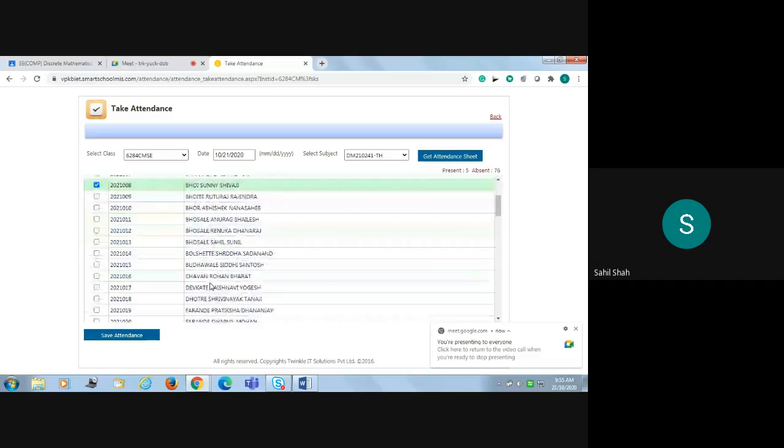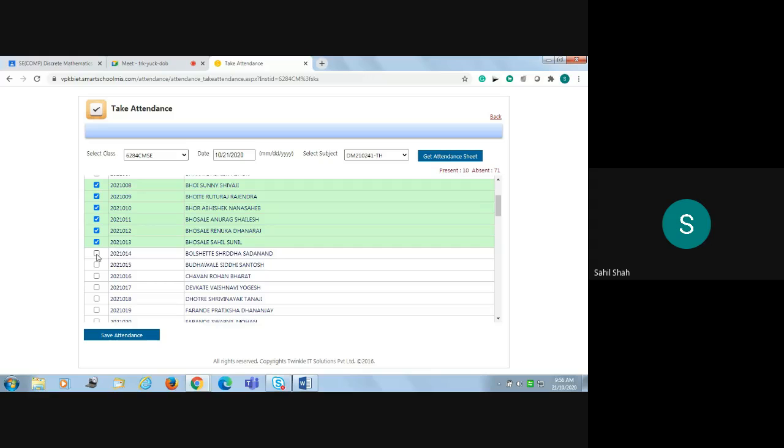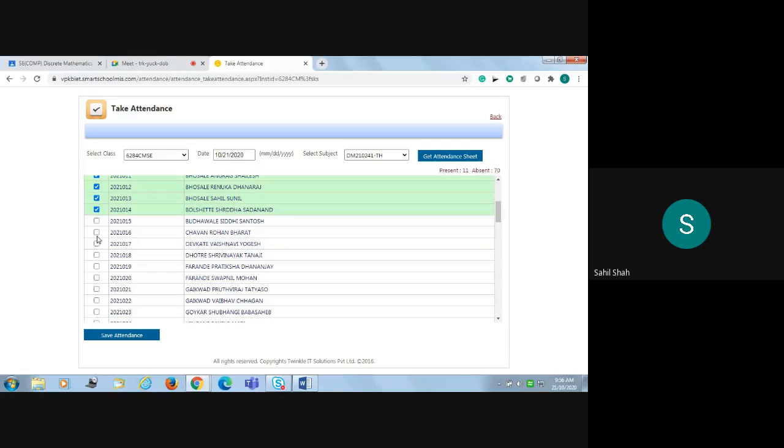Fine. We were at the point of taking attendance. So, Boite Ruturaj, whether he is present. Bhosle Anurag, Ruturaj Boite is present. Okay, Anurag Bhosle is also present. Renuka present. Okay, Bolshetty Shraddha, Savan Rohan. I think Siddhi is absent. Savan Rohan present. Devkate Vaishnavi present.